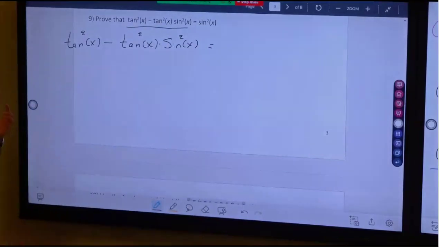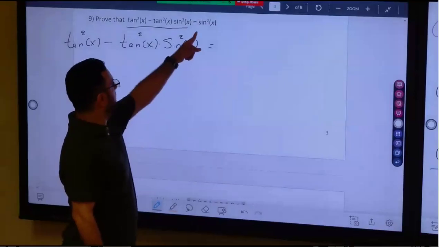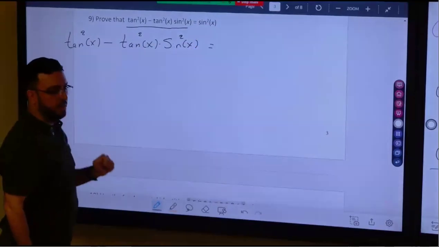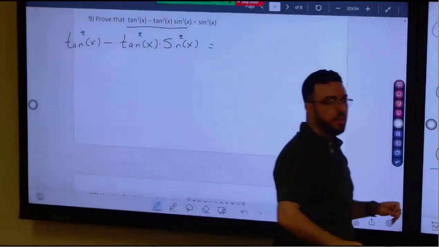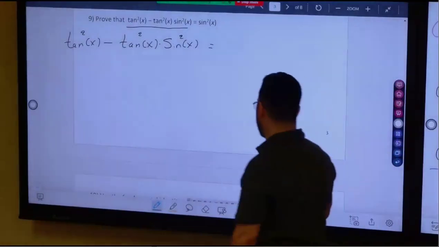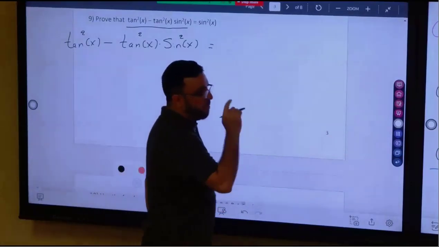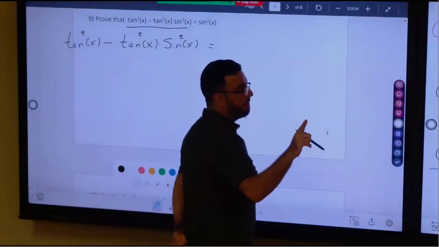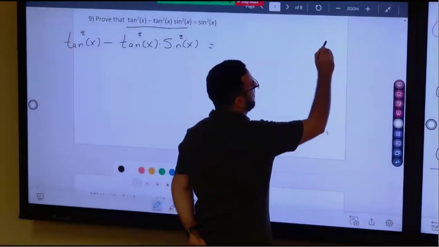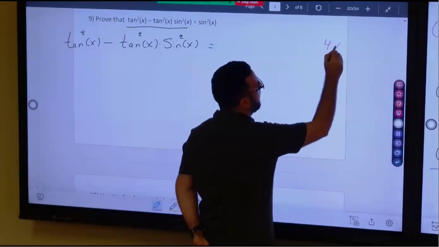Don't overthink it, because in our sine squared, I have all these squares. I'll give you a hint. Here on the side, what are you gonna do if you have inverse, 4x minus 2?